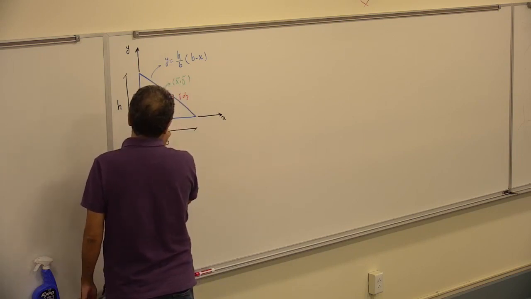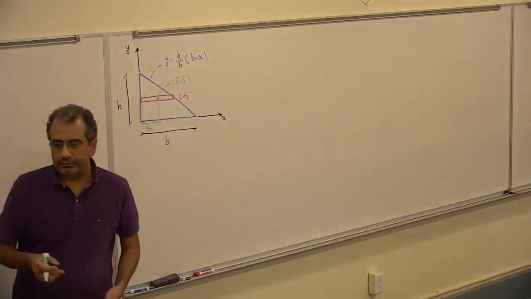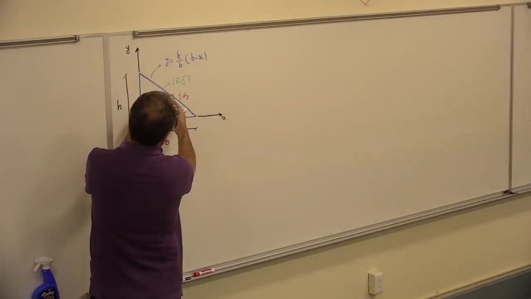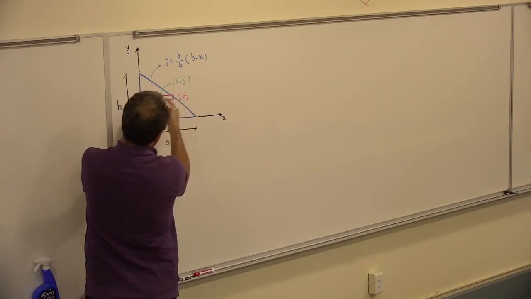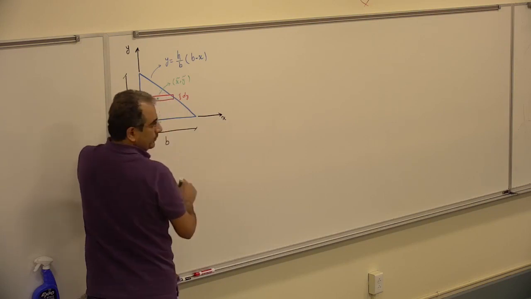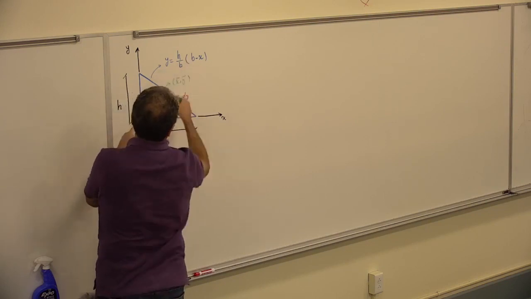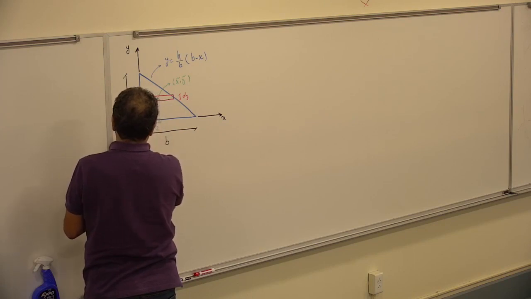Then x tilde: the tip of the element, from here to here, is the x, so x tilde is going to be half of it. And then y tilde would be what?